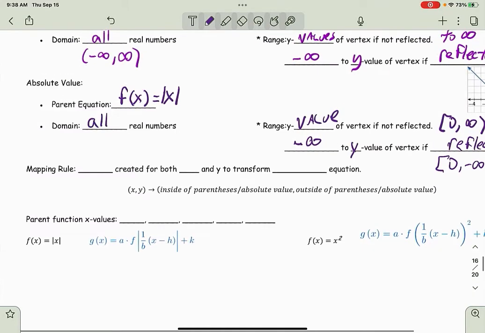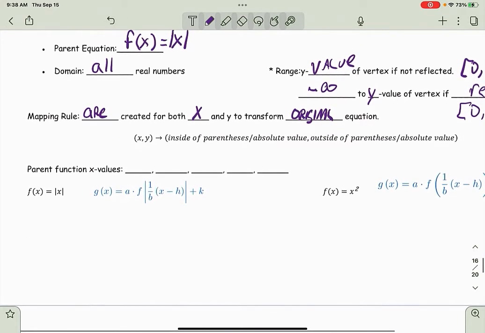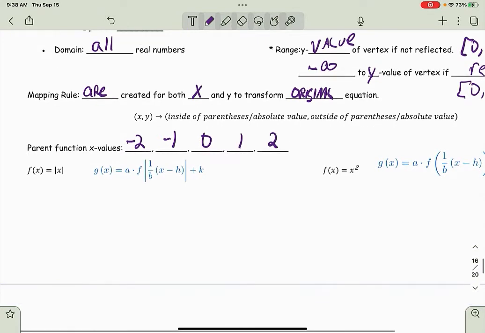Let's go ahead and discuss something called mapping rules. Mapping rules are created when both the x and y are used to transform the original equation. Let's go ahead and do an example of a mapping rule and use our parent functions. So if I wanted to use just -2, -1, 0, 1, 2, my x and my f of x would be as such.